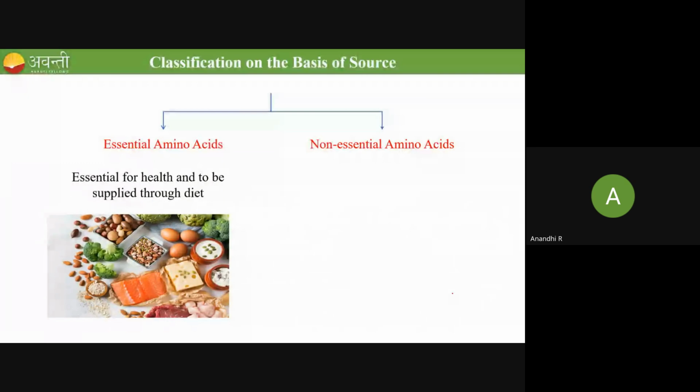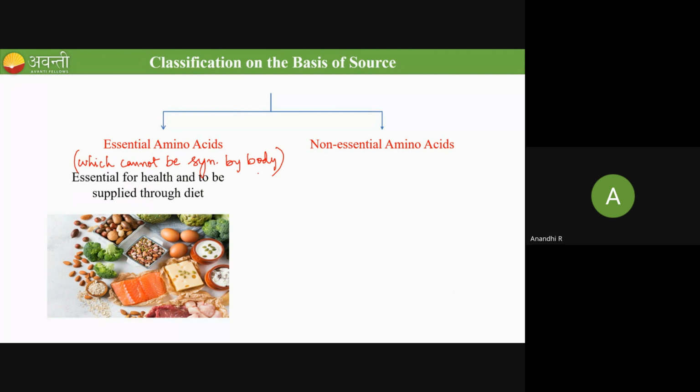Meaning the amino acids which cannot be synthesized by our body are called essential amino acids. Your body cannot synthesize them, but they are essential for you. For that, you have to take them through diet only.